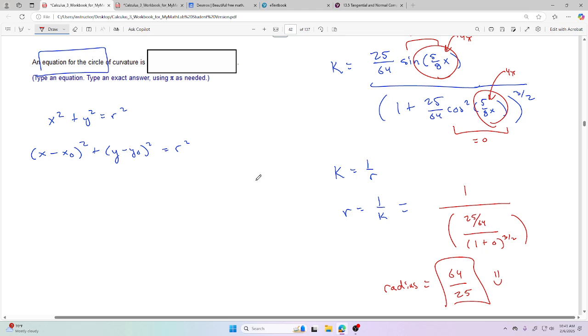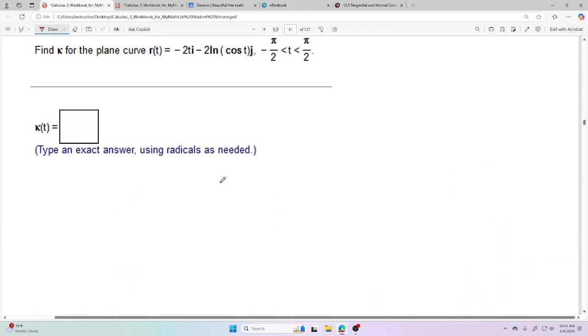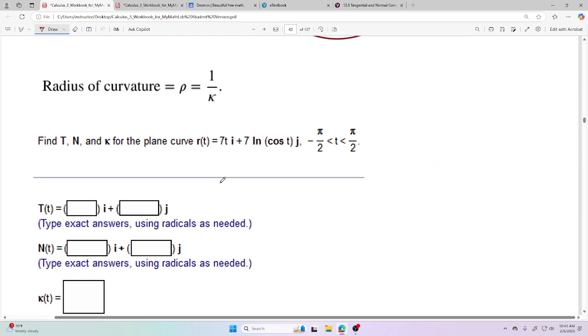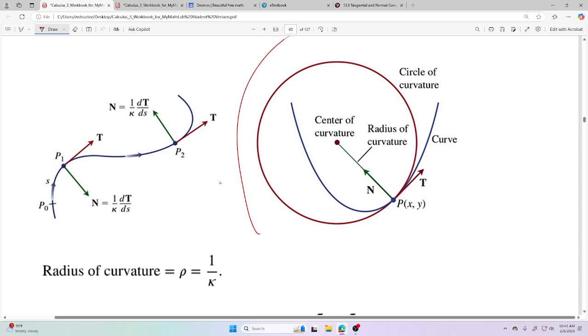Now, to find the center, I want to go back to what we're looking at. And this right here is a really great picture. So we have this circle, and we just found the radius, this radius right here, from here to here, r.